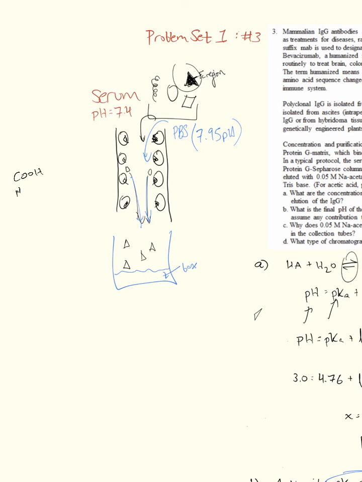Now, the pKa of COOH is somewhere around 3. So when the pH is above this pKa, and I'll explain the relationship between the two in another video, this proton goes away. It leaves. It's deprotonated. And that causes this to be a negative.